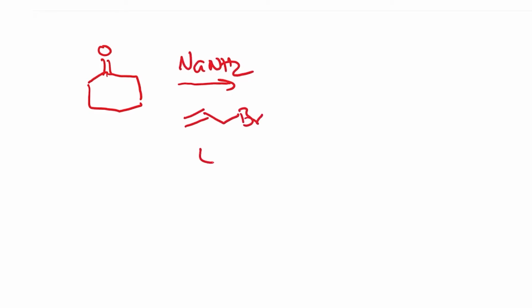So let's say I start with cyclohexanone and add NaNH2 and then allyl bromide, diethyl ether, and the product that I get is this.